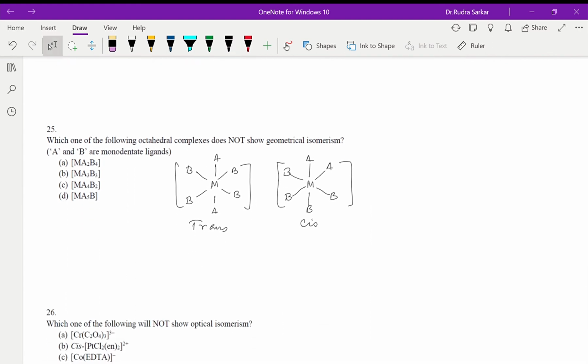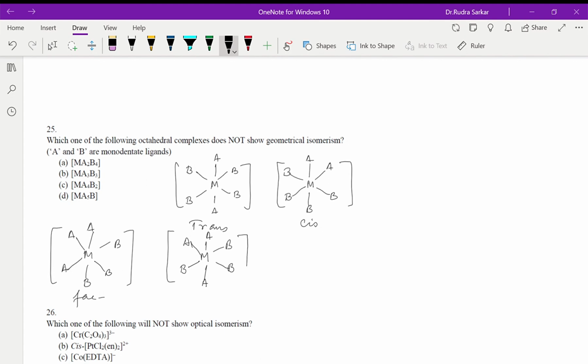What about MA3B3? MA3B3 will show fac-mer, that is facial meridional isomerism. This is your fac, and in case of mer, keep the two A's trans to each other, or the B's trans to each other, to produce the mer.